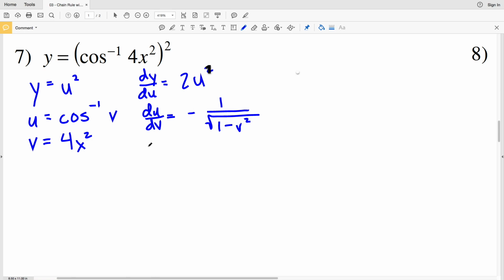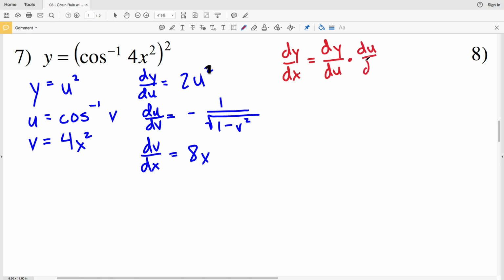And then finally my derivative of v with respect to x equals the derivative of 4x squared, which is 2 times 4, which is 8, and x to the 2 minus 1 is x. So in order to get my derivative of y with respect to x, I need to multiply my derivative of y with respect to u times the derivative of u with respect to v times the derivative of v with respect to x. Derivative of y with respect to x.